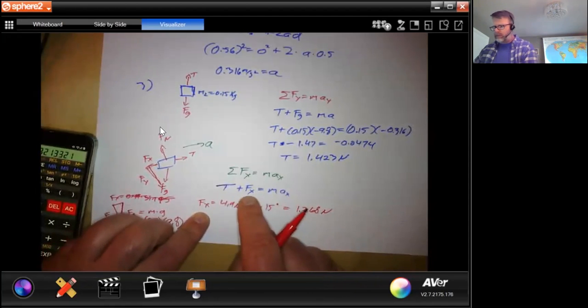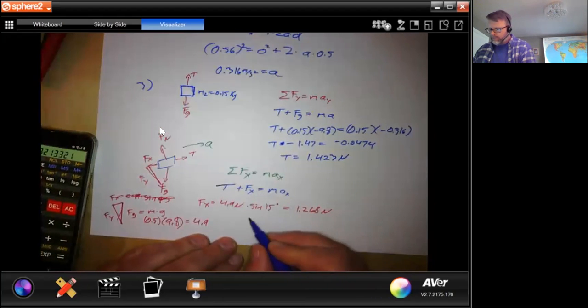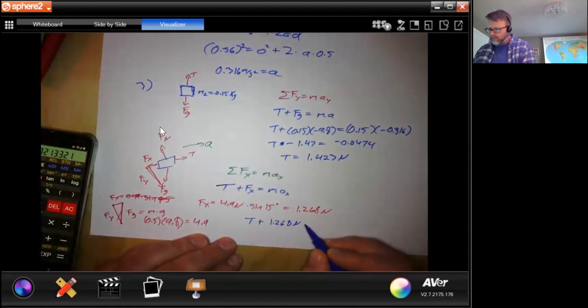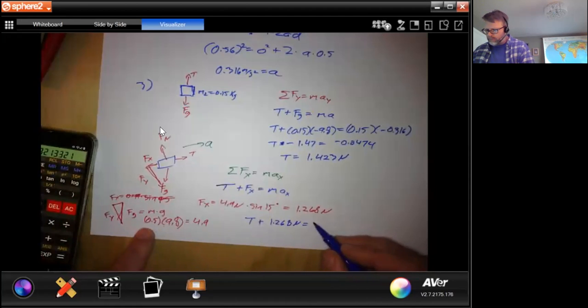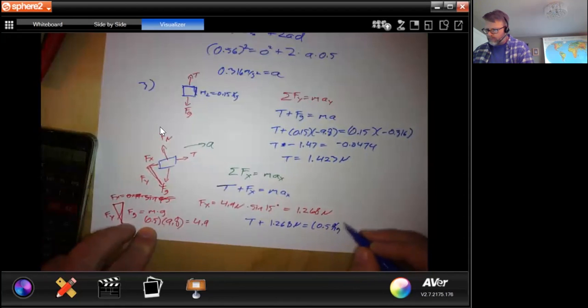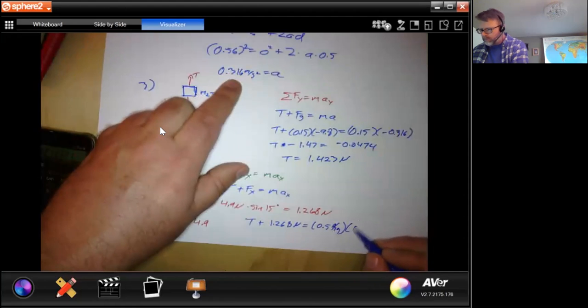So that's going to be this number. So now we can come back here. Tension plus 1.268 newtons equals, which mass was this? This was 0.5 kilograms. It's still accelerating at the same rate, 0.316 meters per second squared.